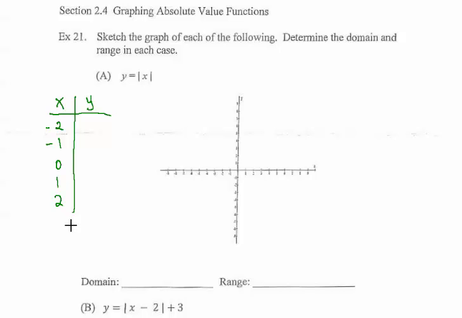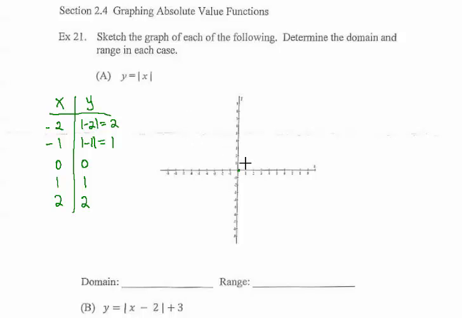To calculate y, we take the absolute value of these numbers that we chose for x. So absolute value of negative 2 is positive 2. Absolute value of negative 1 is positive 1. So y equals 2 for x equals negative 2. y equals 1 for x equals negative 1. And then y equals 0 if x is 0, 1 if x is 1, and y equals 2 for x equals 2. So we just basically produce a series of ordered pairs that we can plot for our function.